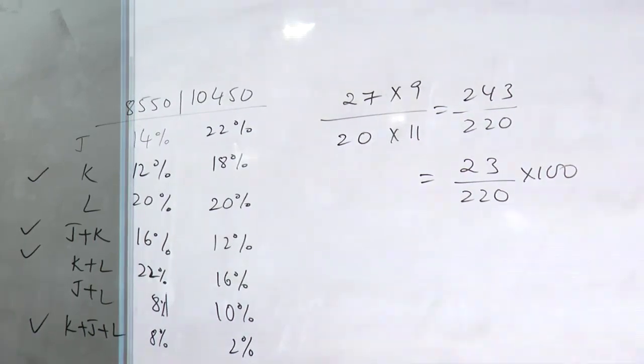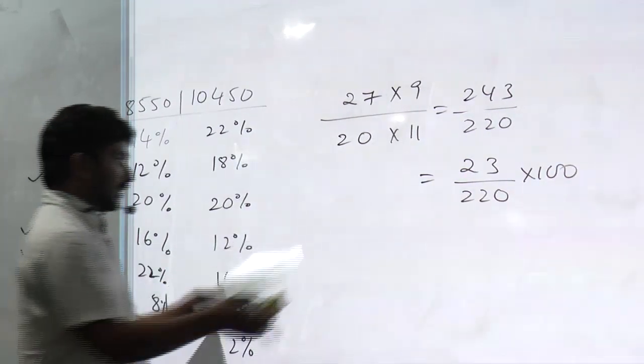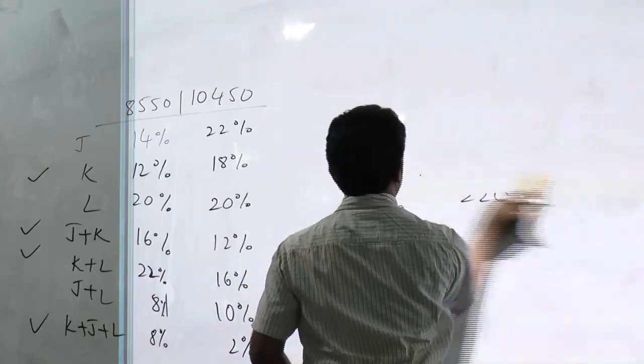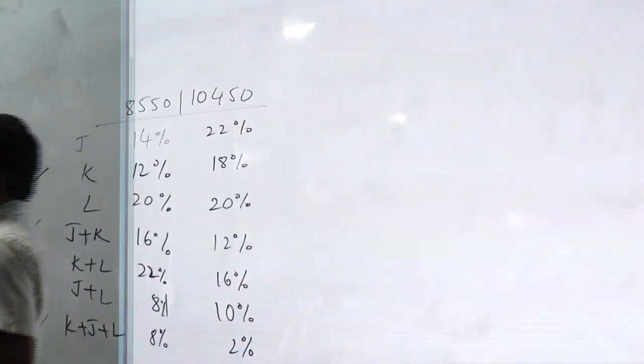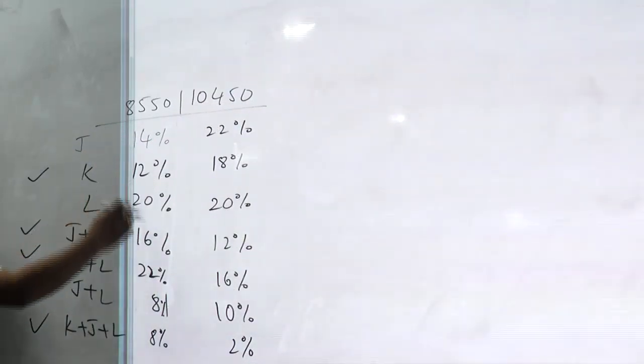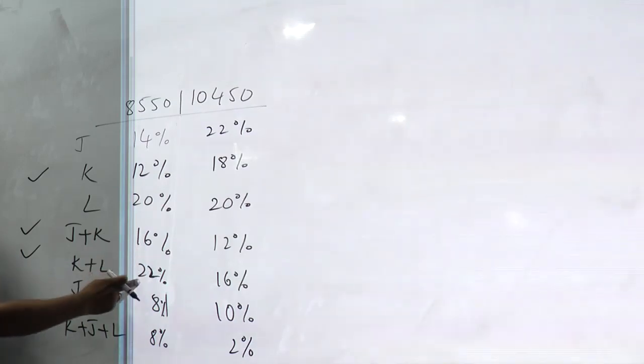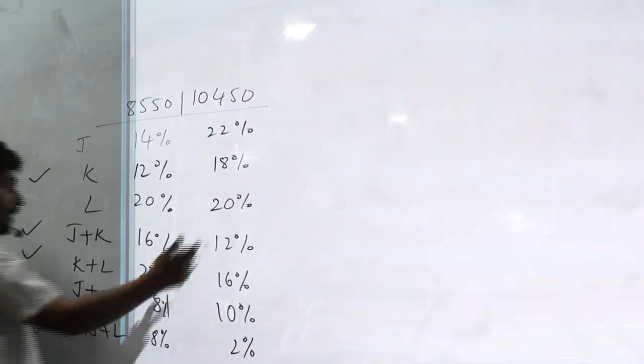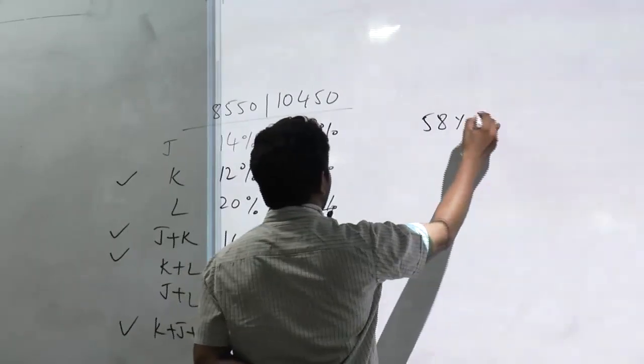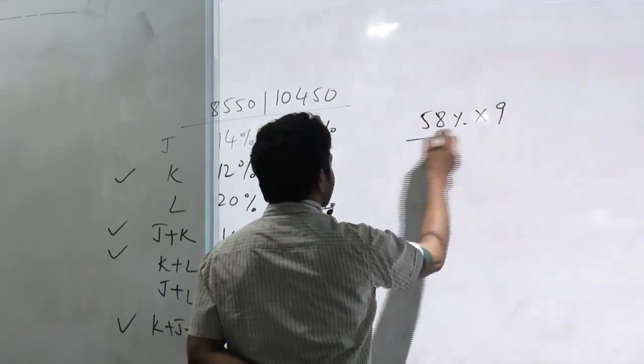What is your question? Ratio. Yes or no? Right. Now let's add K values: 12, 16, 28, 22, 50, 58. 58% of what? 9 parts.